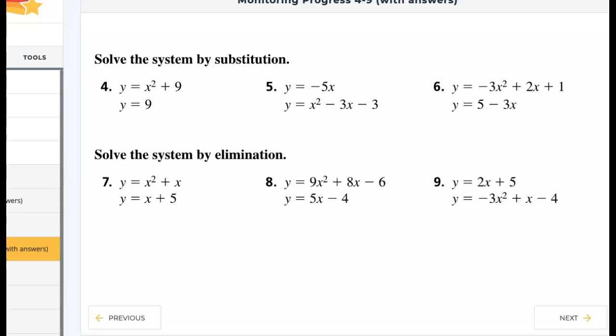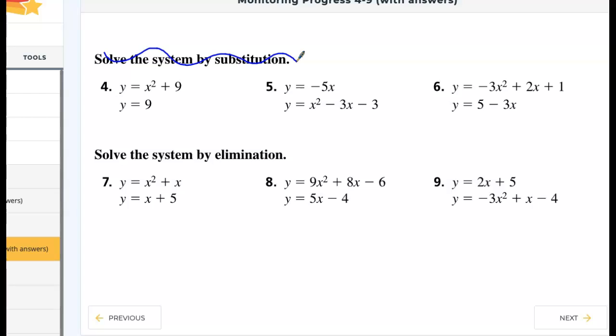Which one do you think I should try to cancel out? I actually might change that. Let's do number 5, even though it's substitution. It'll give you a pretty answer. So number 5, which one do you think I would try to get to be the opposite?